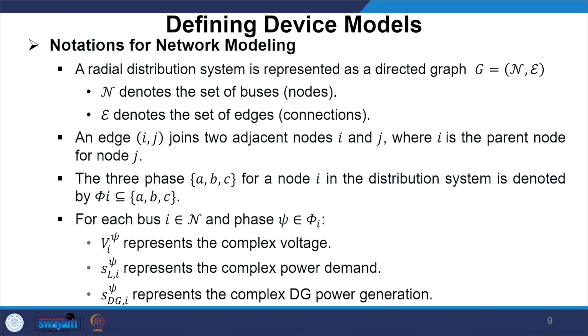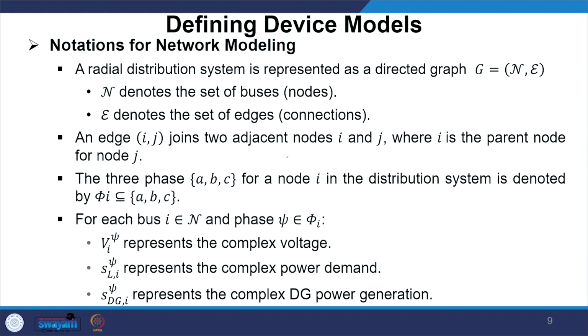A radial distribution system is represented as a directed graph, G = (N, E), where N denotes the set of buses and E denotes the set of edges. Now, again we can define what an edge is. I strongly recommend most of you get into the basics of the fundamentals of network modeling in detail.